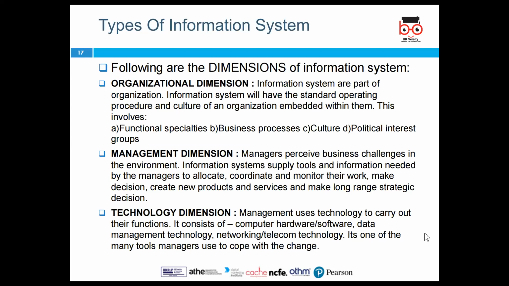Now we're going to look into the types of information systems. So we have organizational dimension, management dimension, and technological dimension. By organizational, it is simply how our information system will have the standard operating procedure and culture of the organization. So how our technology will be used is dictated by our organizational dimension.